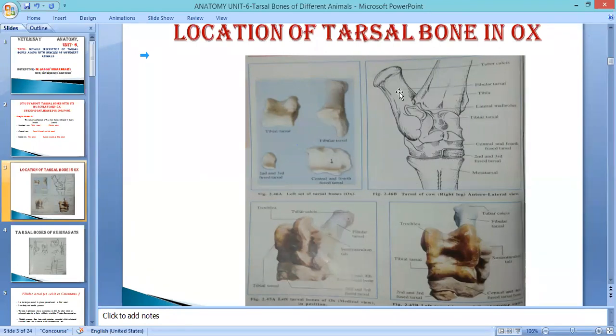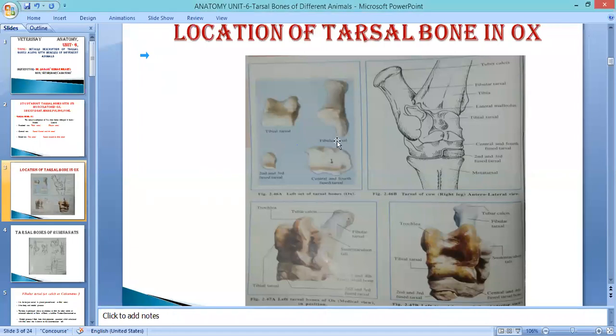This long bone is the fibular tarsal, facing towards the fibula, because the fibula is located on the lateral aspect. Below the tibia is the tibial tarsal, and this one is the central plus fourth fused tarsal. This is the second plus third, and just anterior to this is the first tarsal. So, 5 tarsals.